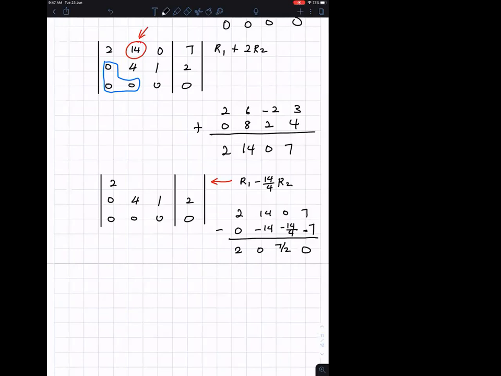So we get 2, 0, 7 over 2, 0. When I try to make that one go to 0, this one becomes non-zero.